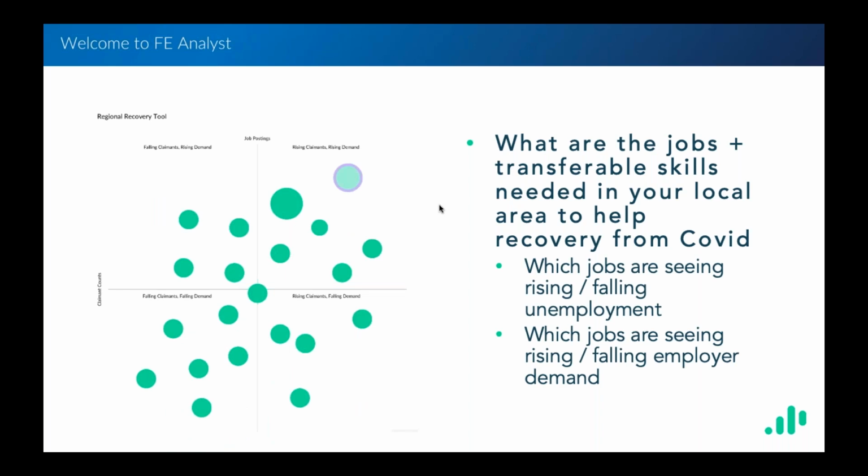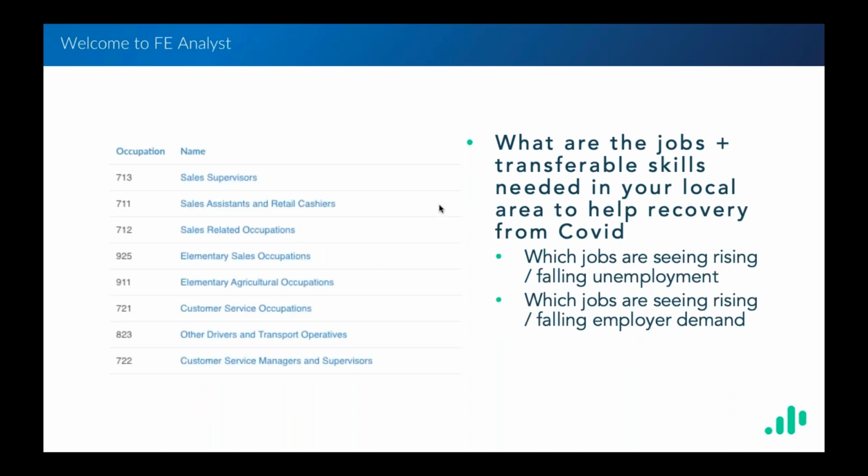So as we've just seen there, how are the jobs moving around the different quadrants? Which jobs are seeing increasing unemployment and displacement? Which jobs are seeing stagnant or increasing employee demand? And where do the jobs fit within that? And then if we choose any of those bubbles that we've just seen there, any of those jobs, the recovery report within FE Analyst is going to show you which jobs are most comparable.